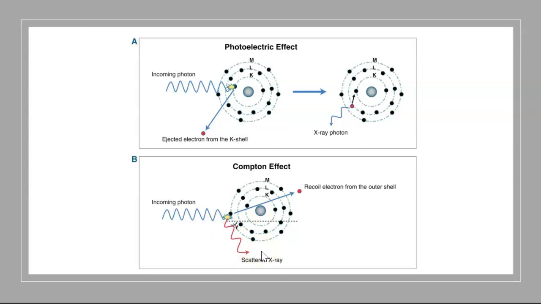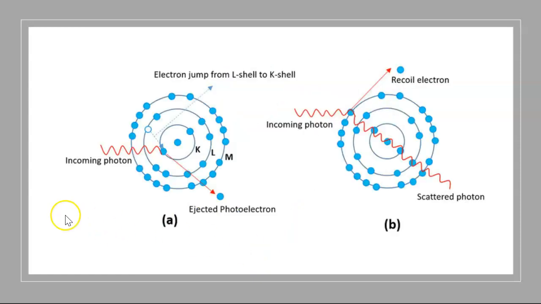Okay, now I'm going to tell you a trick for knowing the difference between the two. You're looking at these and they look just like the interactions that happen in the tube, right? So you're looking at this and going, oh my gosh, is this characteristic? Is this Bremsstrahlung?